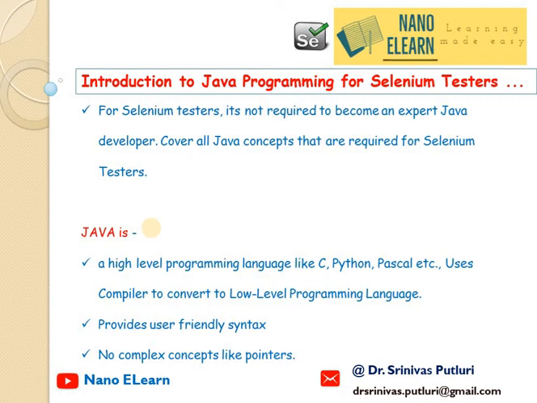Java is basically a high-level programming language like C, Python, Pascal, etc. It uses a compiler to convert to a low-level programming language like assembly-level language or machine-level language. It provides user-friendly syntax. It doesn't involve complex concepts like pointers.